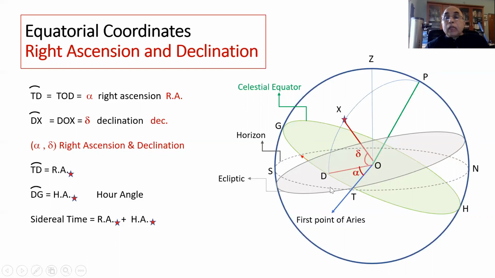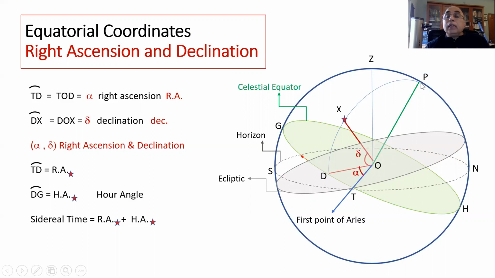And things above the horizon are the things the observer can see. The ones below the horizon are not visible to the observer. And due to rotation of Earth from west to east, you see these objects moving along this curve. They go up and come down.